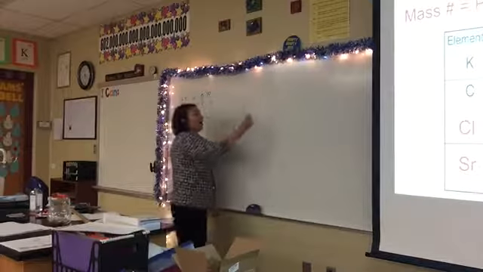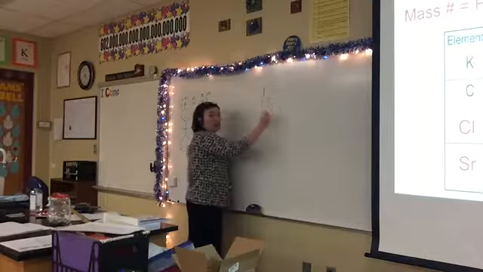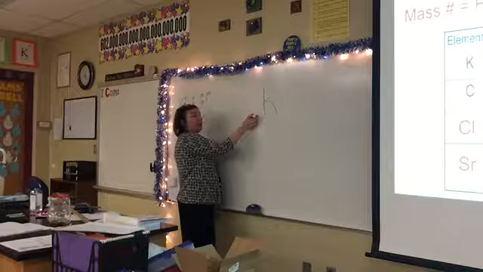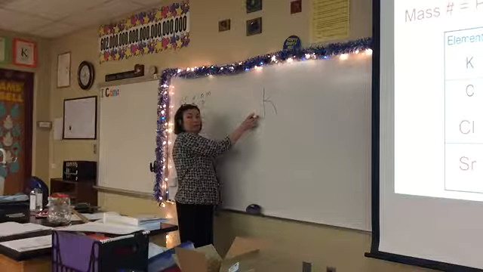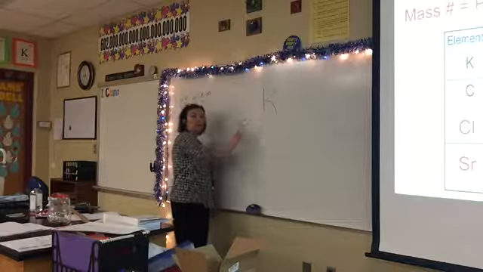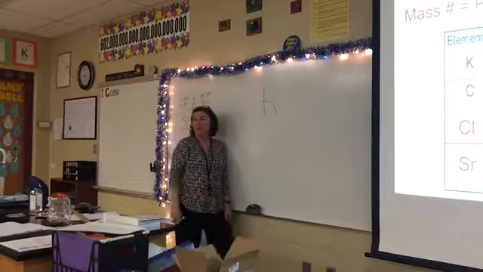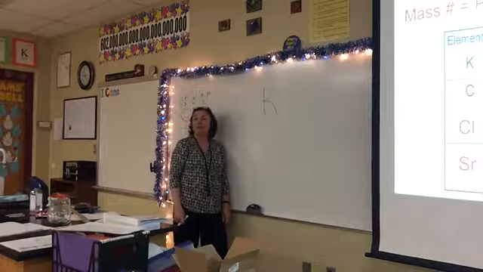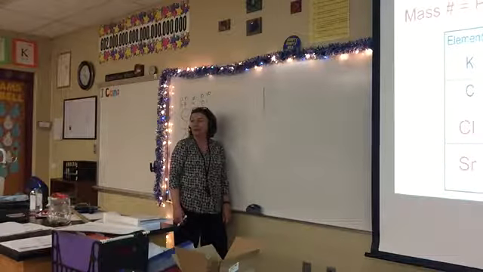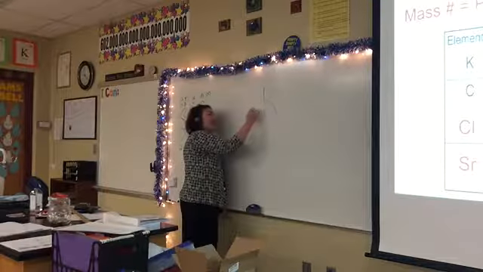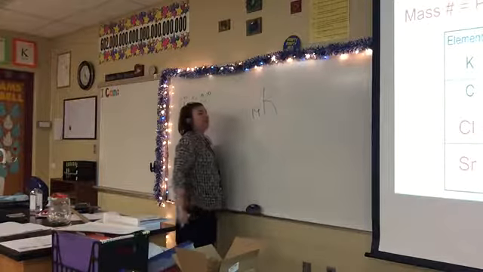For the first one, I put K here. What goes down here at the bottom? What number? 19. And what number will go up here? 39.